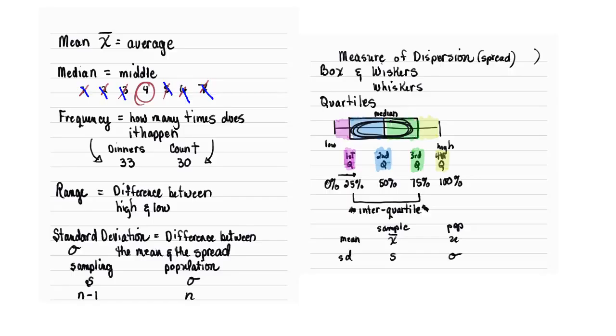The first quartile is made of the median of the first half of the data, and then the third quartile is the median of the second half. So it goes low, median, median, the absolute middle median, then median, median, and then the high number.